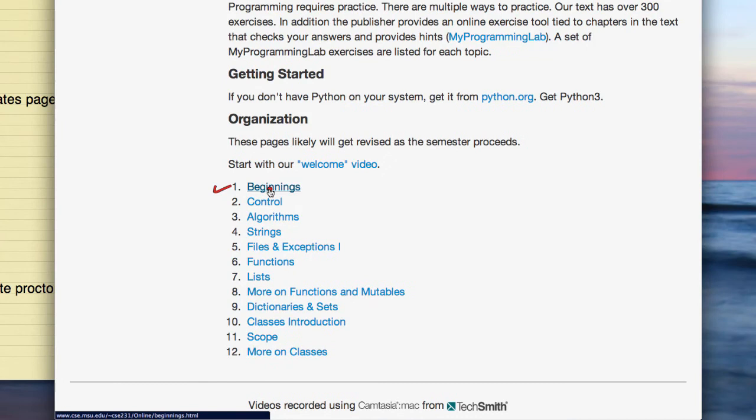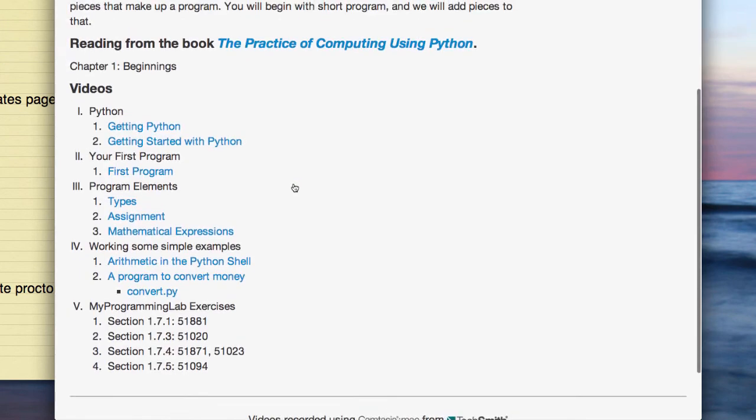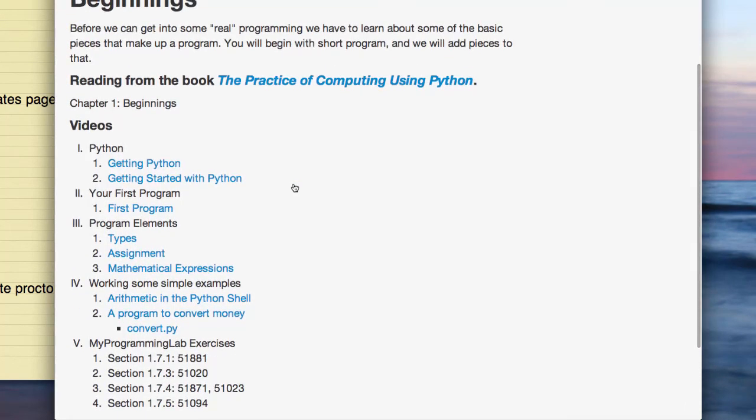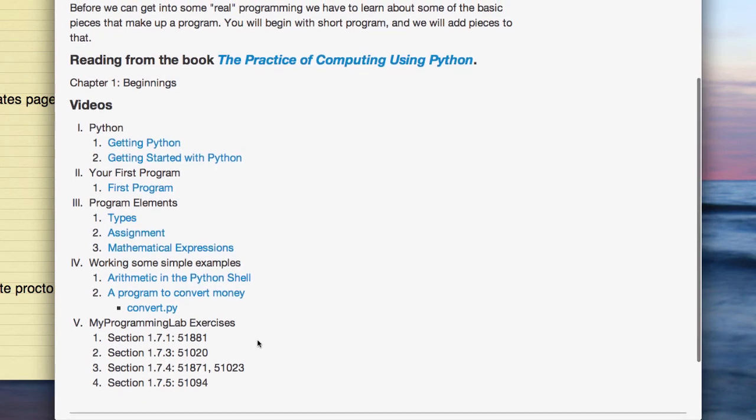So we can take a look at the beginnings page, and that will talk about getting started with Python and your first program and some introduction to it, and some My Programming Lab assignments.